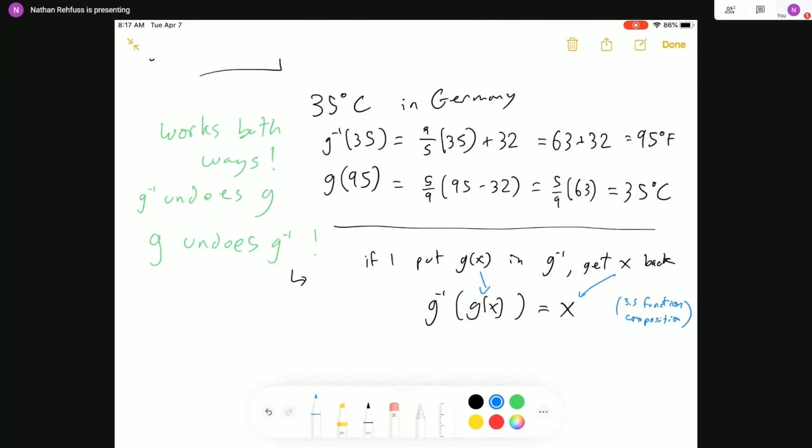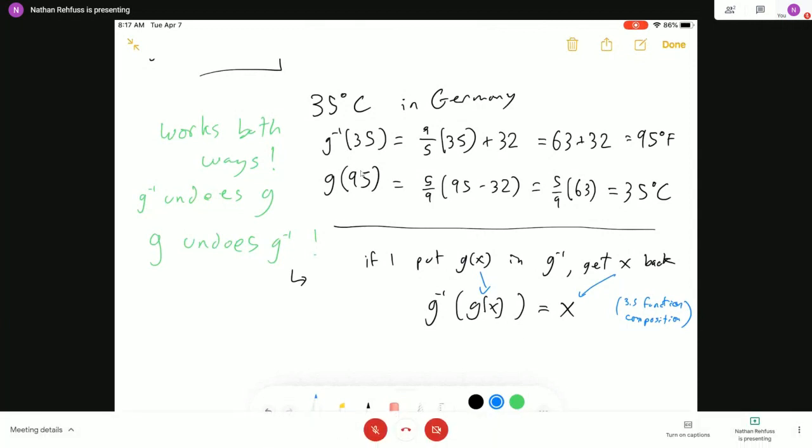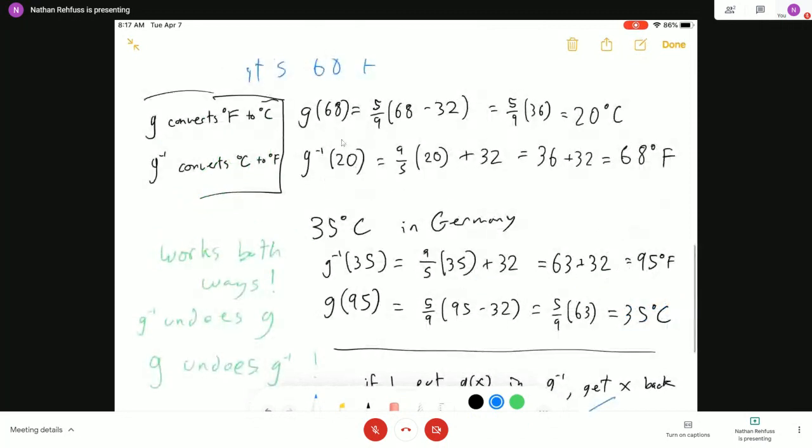So if I put G of X into G inverse, I get X back. Like, 20 was G of 68. So if I put G of 68 into G inverse, I get 68 back.